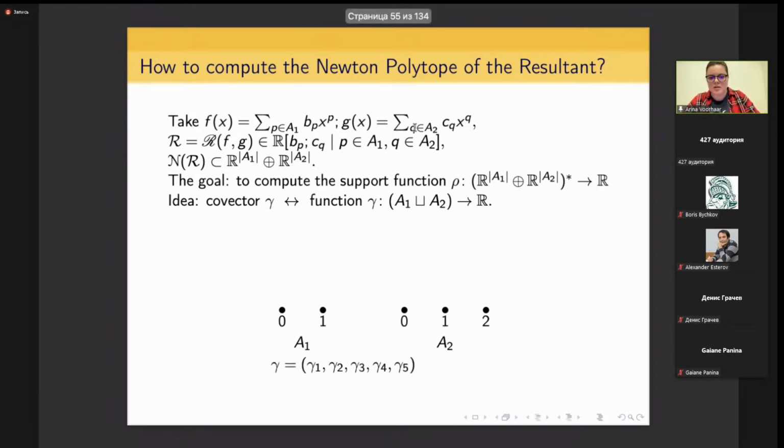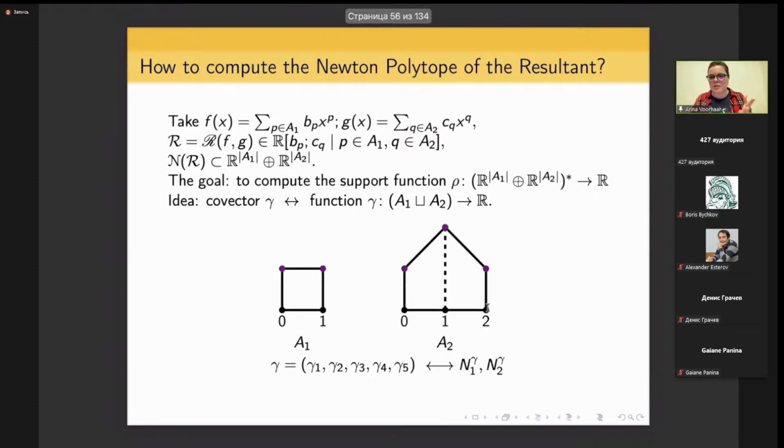How do you do that? In this case, for example, when we have a support set with 2 points and a support set with 3 points, our covector will have 5 coordinates. Then over each of the points, this one, this one, this one, this one, and this one, I put a vertical stick whose height is equal to the corresponding coordinate of my covector, and then take the convex hull.